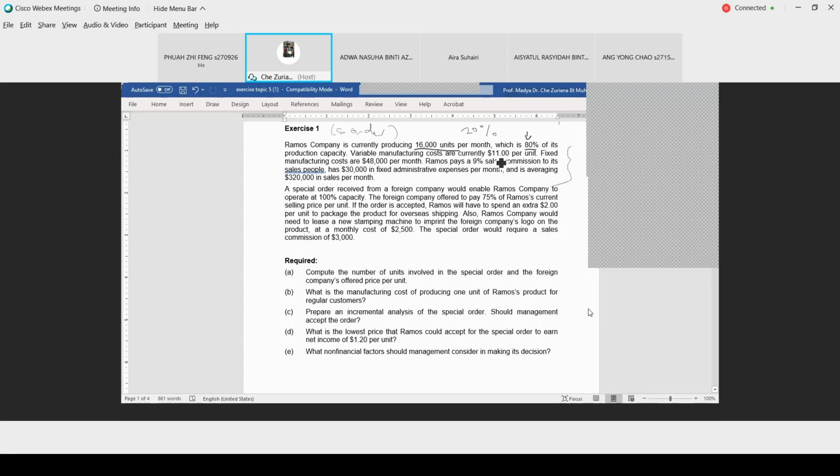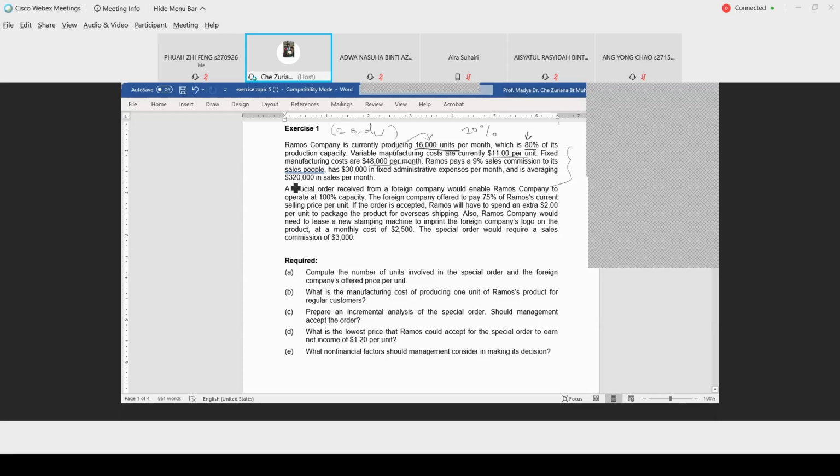Variable cost, $11 per unit. Fixed manufacturing cost, 48,000 per month. This 48,000 is based on the 16,000. And then Ramos pays a 9% sales commission to its salespeople, has 30,000 in fixed administrative expenses per month, and is averaging 320,000 in sales per month.